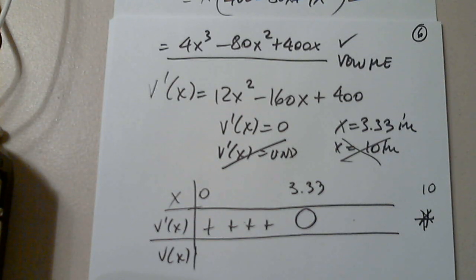Okay, so in y equals, I put in this function, 12x squared. Sorry about that. So 12x squared and minus 160x. I know the answer.